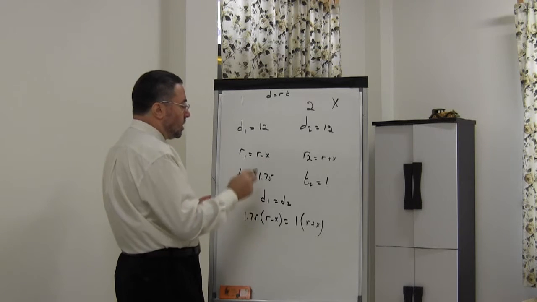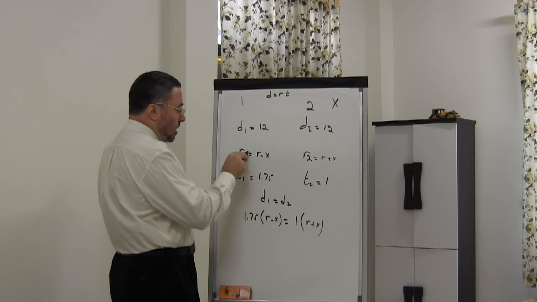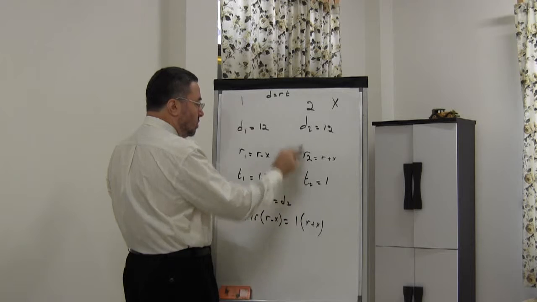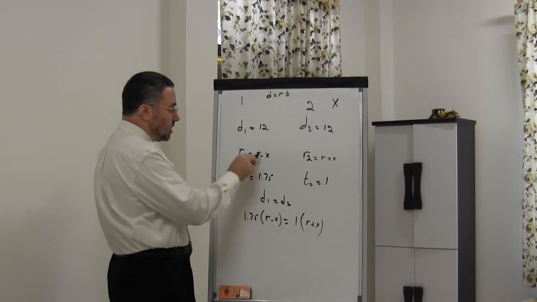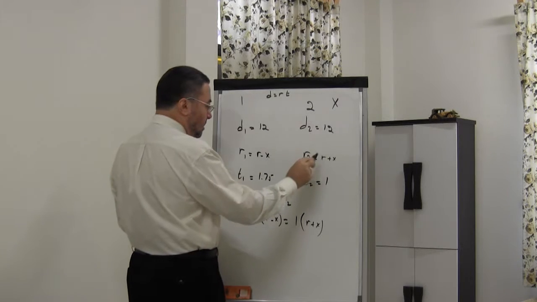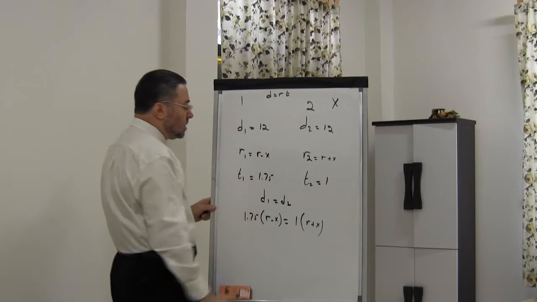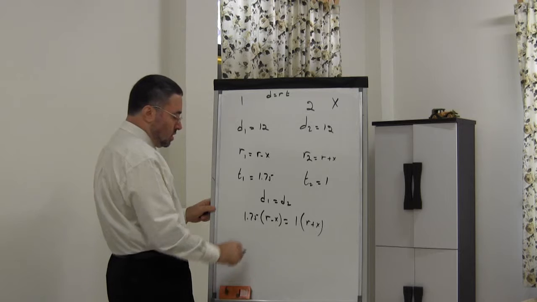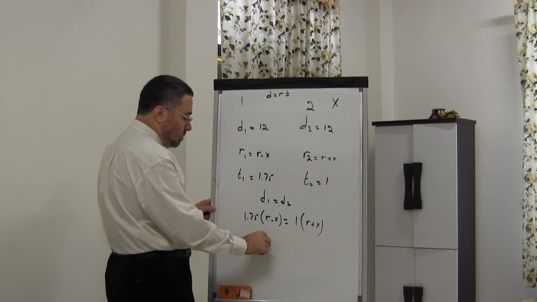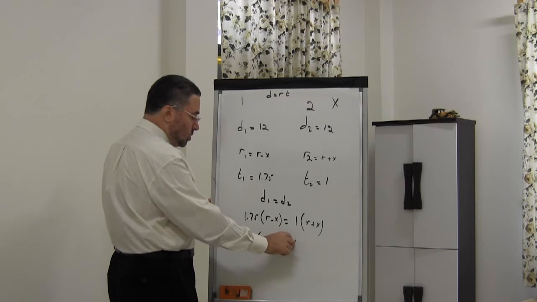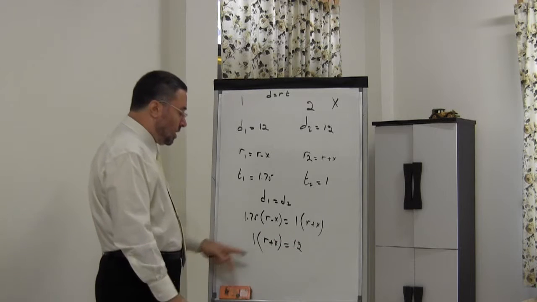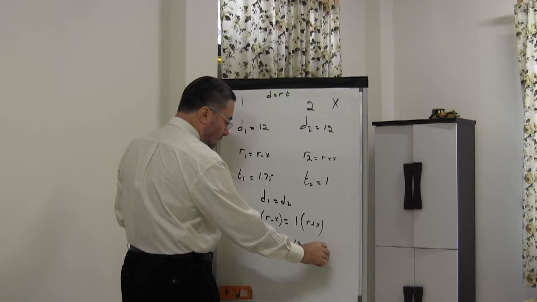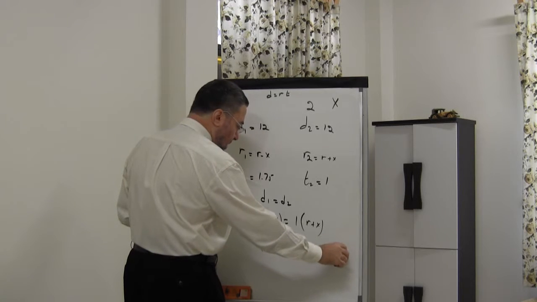The second equation, we can use R1 T1 equals 12, or R2 T2 equals 12. Here there is a minus, here there is a plus, and here there is a 1, here there is 1 3/4. So this looks easier to use. 1 times R plus x equals 12. Now from this equation, we can get R equals 12 minus x.